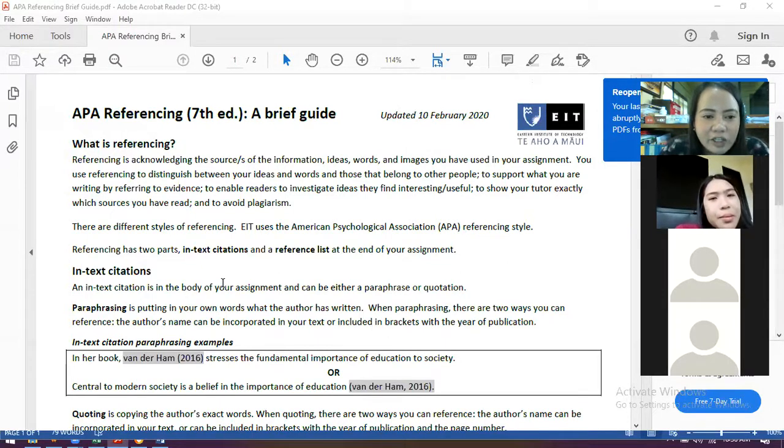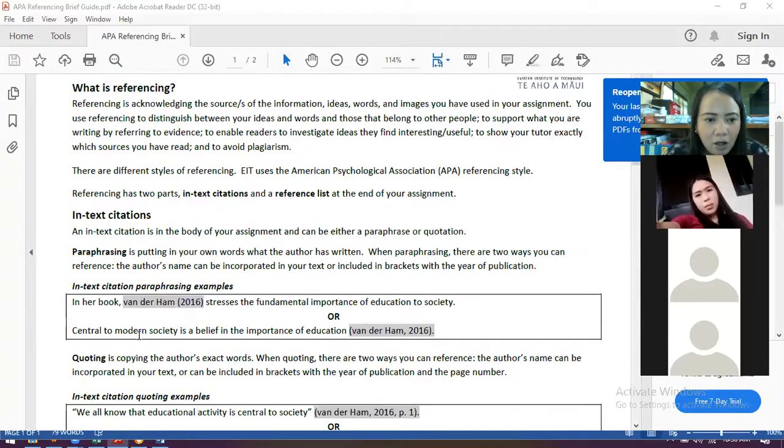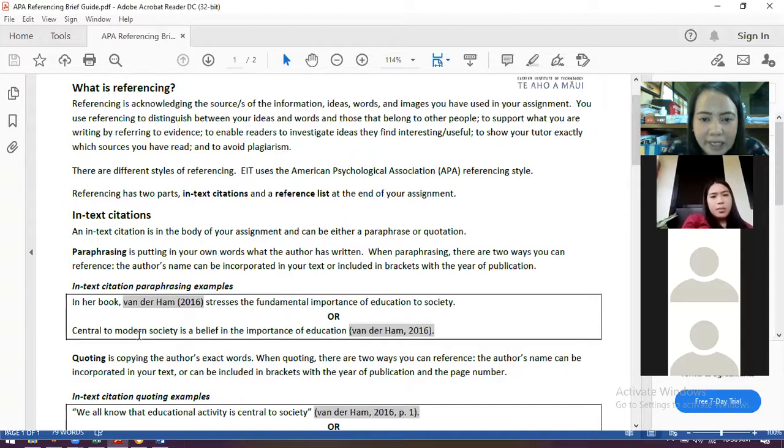Now, an in-text citation is in the body of your assignment and can either be a paraphrase or a quotation. So, gaya lang dito sa example natin. Paraphrasing is putting in your own words what the author has written. When paraphrasing, there are two ways you can reference. The author's name can be incorporated in your text or included in the bracket with the year of publication. So, tignan ninyo.